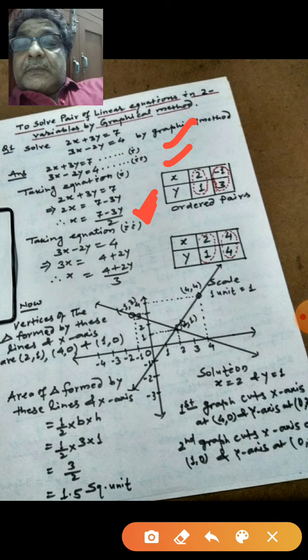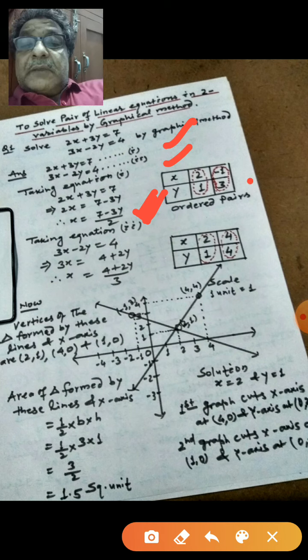So this value we should avoid because we have to draw a graph. So try not to take fractional values. So we take simply y equal to 1, then it comes 7 minus 3, which is equal to 4 by 2, ultimately x comes 2.